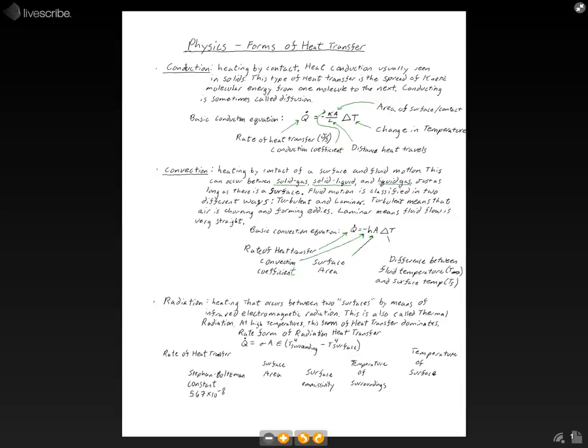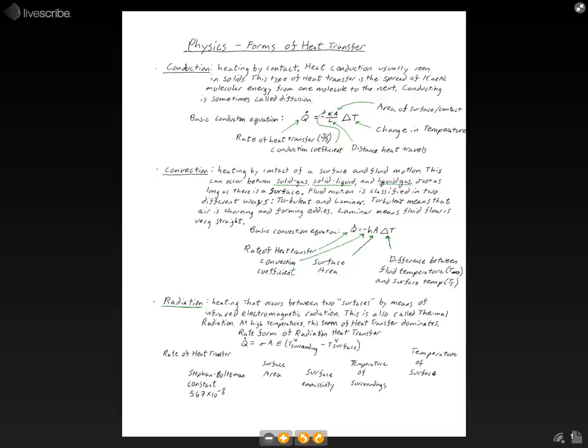So usually they just use the sideways infinity sign. When you see that, that usually means you're talking about some sort of air or fluid temperature. And then you have the surface temperature, which is usually given by T sub S.